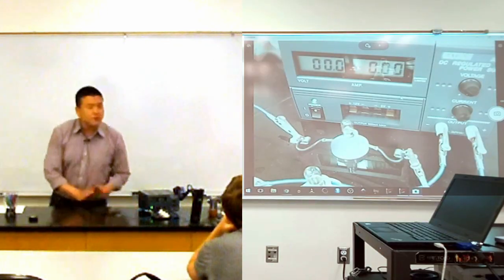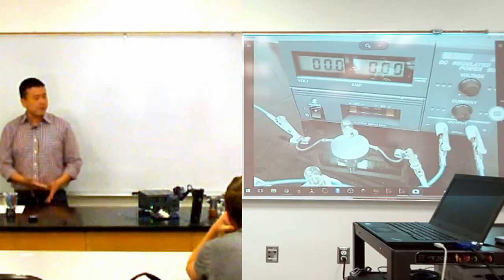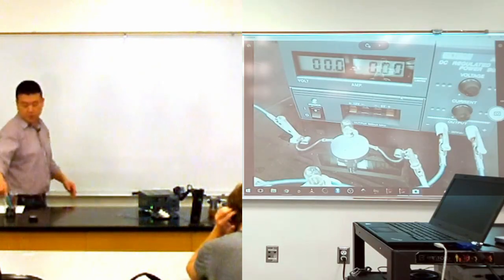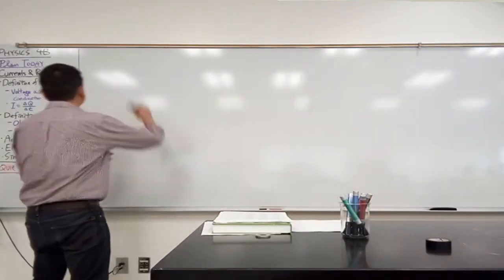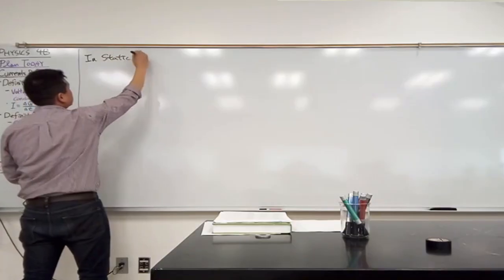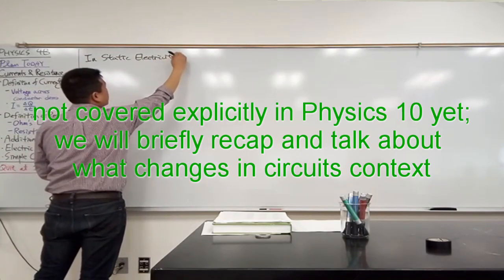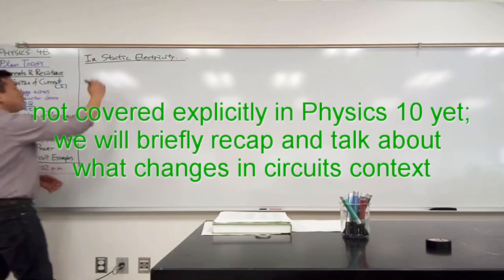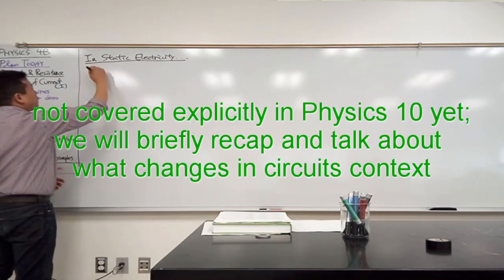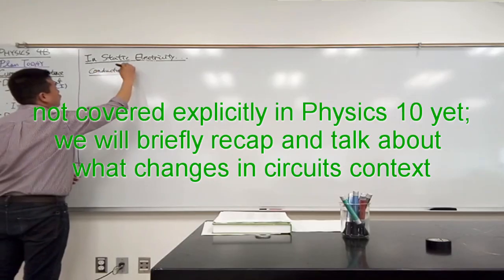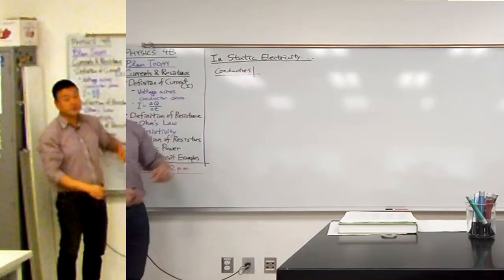So I just want to remind you what we have been talking about in static electricity. It particularly has to do with what we said about conductors. So for conductors, what do we know about the behavior of conductors in static electricity?